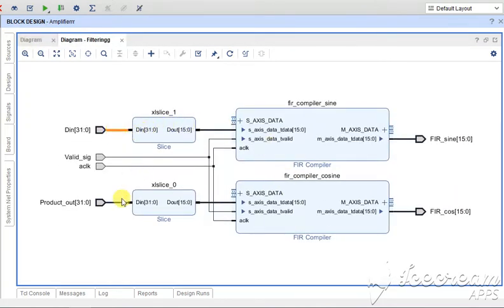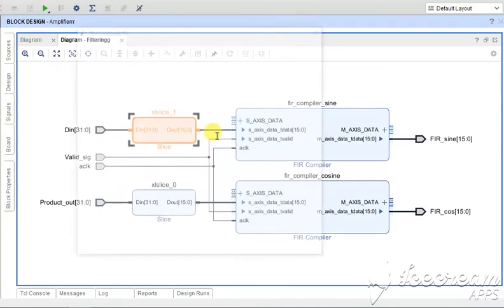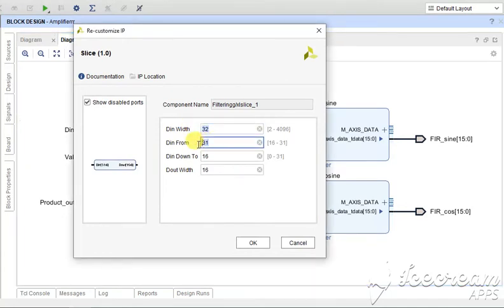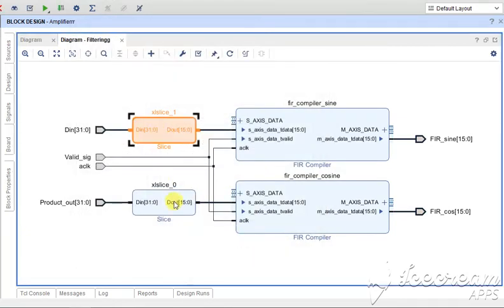We can see that this is the output of sine and cosine and we slice it from the higher-most bits, that are 31 down to 16, the higher bits of our sine and cosine. So these 16 bits are connected with the FIR filters, that is a FIR sine filter and a FIR cosine filter. So let us open the filter and see what's inside the filter.